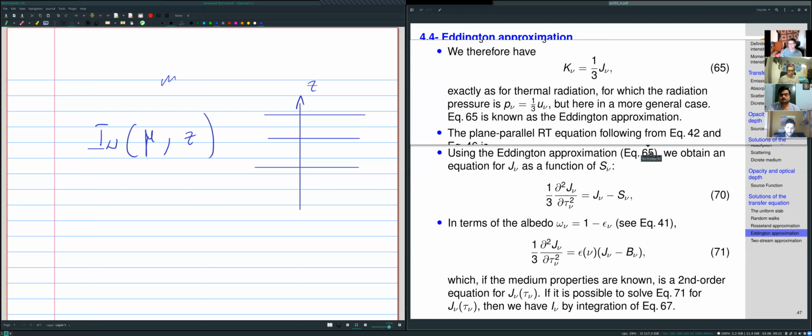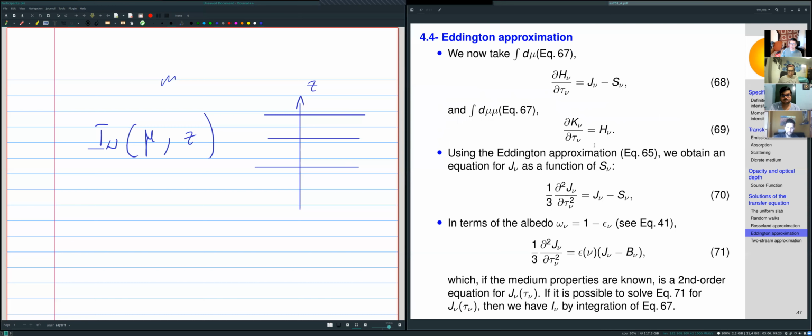So if we replace K equals 1/3 J, how did we do this? Oh yes, we replace H here. So I use equation 69: H is the gradient of K, and I plug it into equation 68.